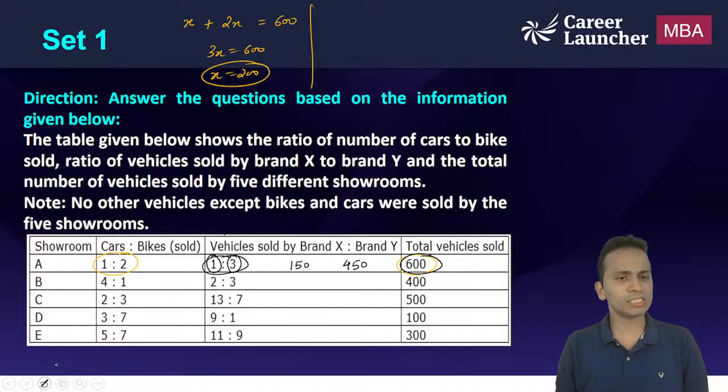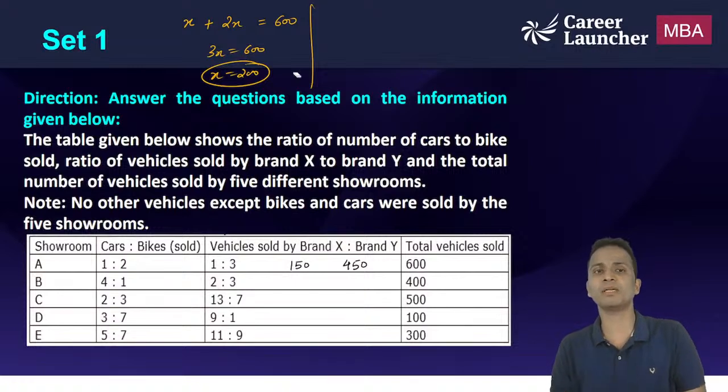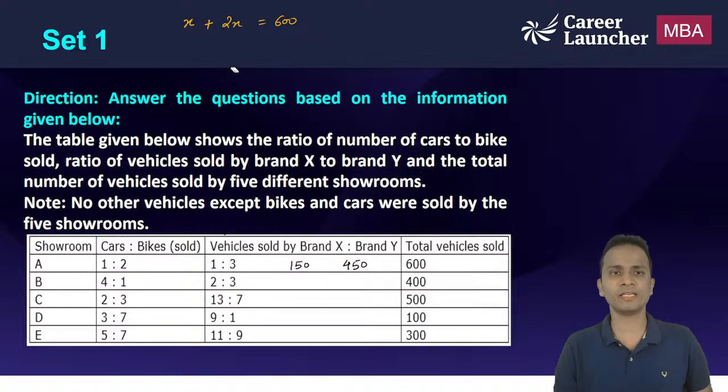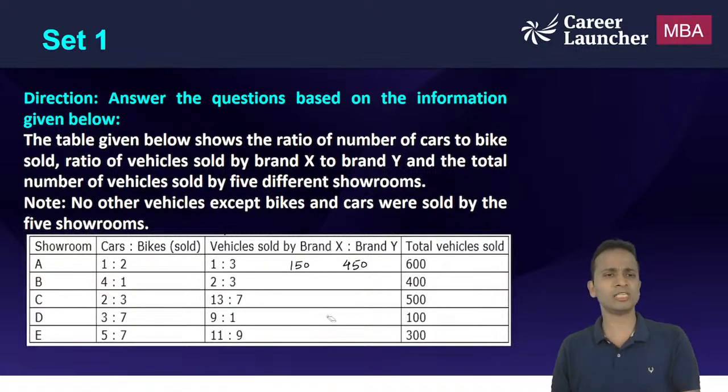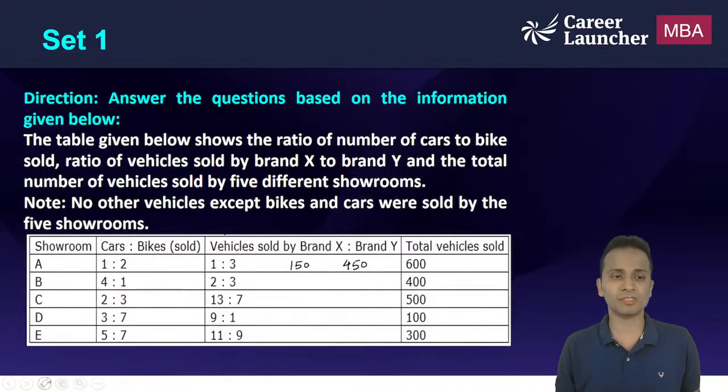Okay, so this is how you can easily or quickly divide a given number in a given ratio. All right, so not every time you will be writing x, right? So these are five showrooms and there are two ratios for every showroom, so you will have to make those equations 10 times. We never have this much time in the examination.